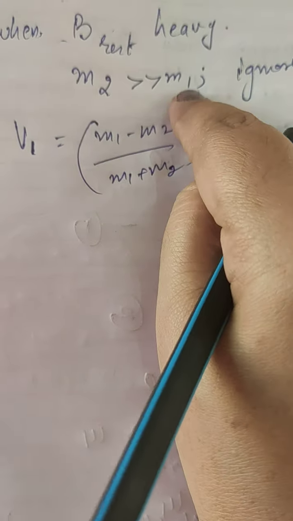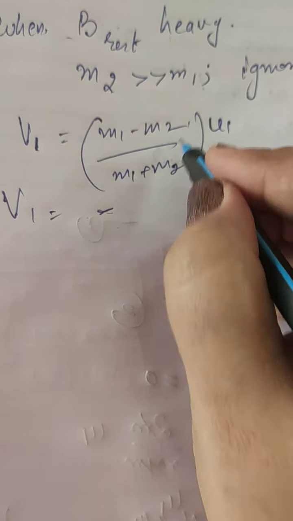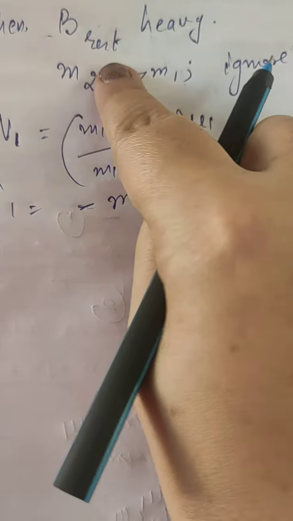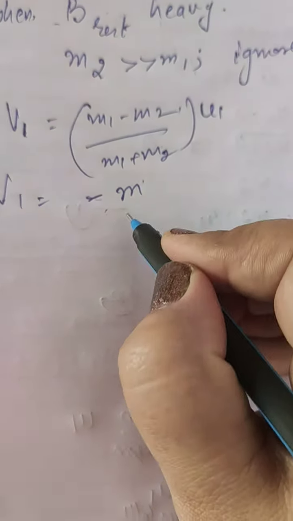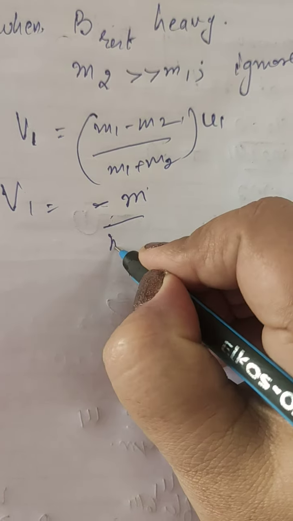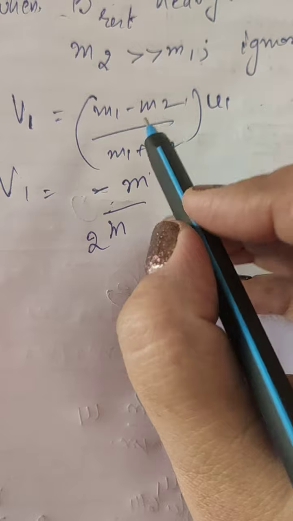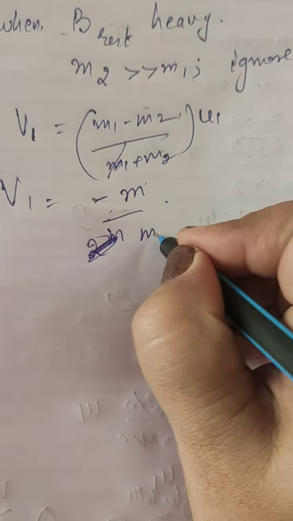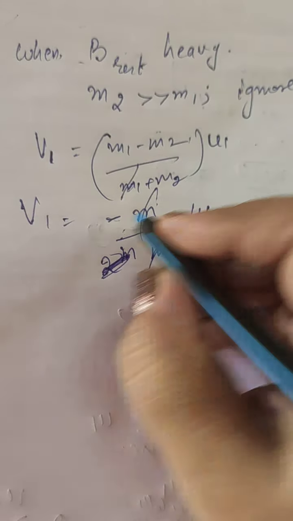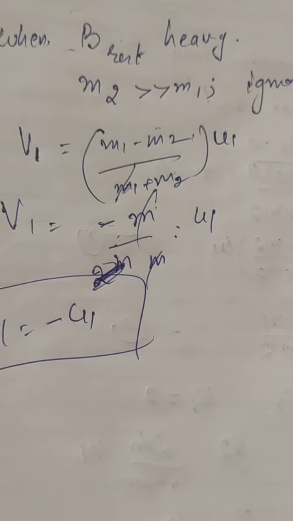So ignoring m1, we will get v1 is equal to minus m2 upon m2 into u1, so v1 is equal to minus u1.